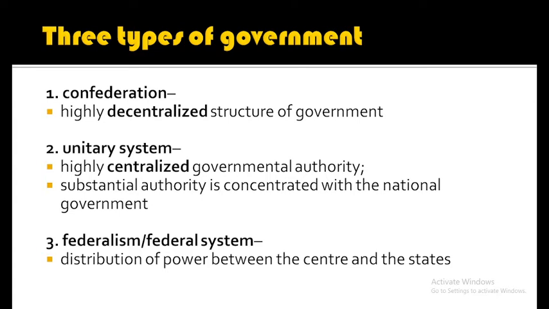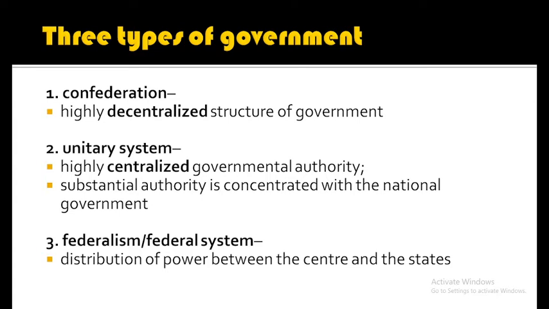All the power exercised by the state or local government is that delegated by the central government. Confederation is associated with a highly decentralized structure, and a unitary system is associated with a high concentration of power.